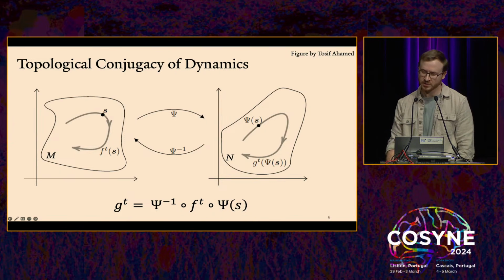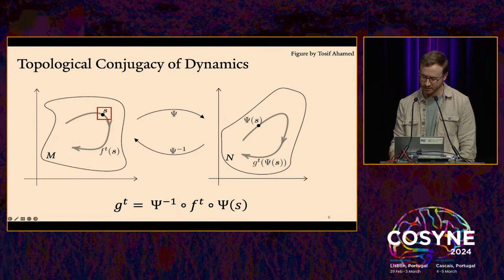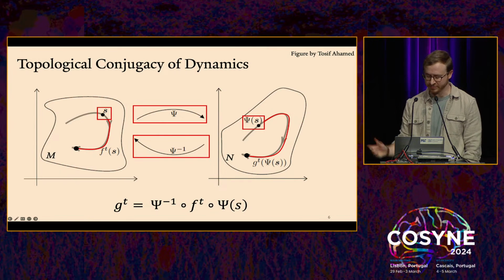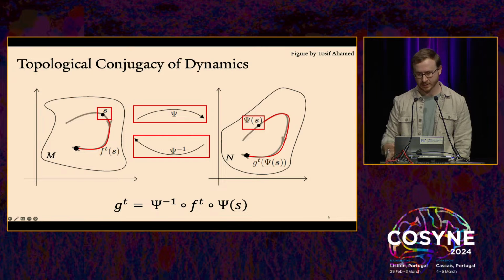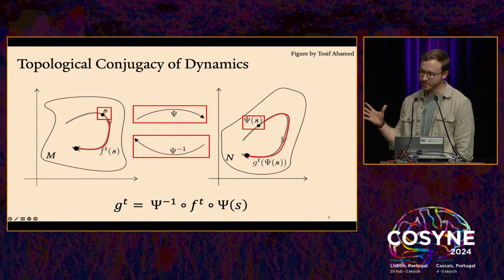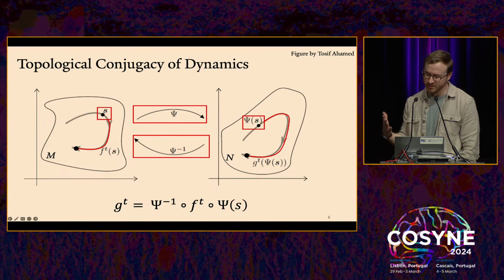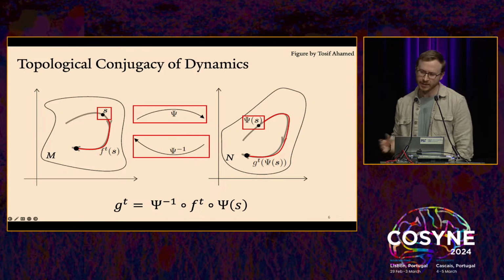Suppose we have 2 different dynamical systems called F and G over different manifolds M and N. These 2 systems are conjugate if you can take any point S in the first system, map it to a point psi of S in the second system, evolve that point in N with G, and then map it back to M. And the resultant point will be the same as if you had just evolved within M via F. So this type of conjugacy preserves all types of dynamical structures, like fixed points, limit cycles, and transitions between them. So this is described via the equation below, and is the notion of equivalency that DSA seeks to capture.